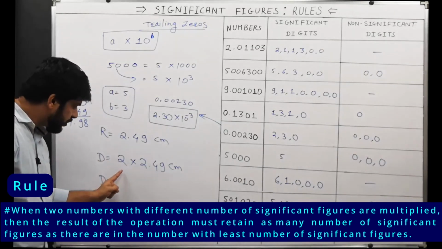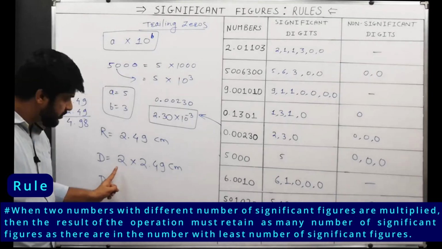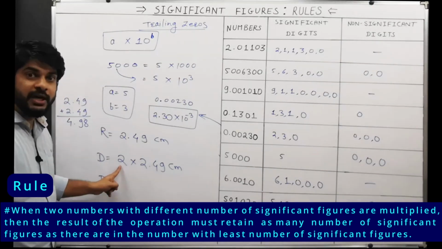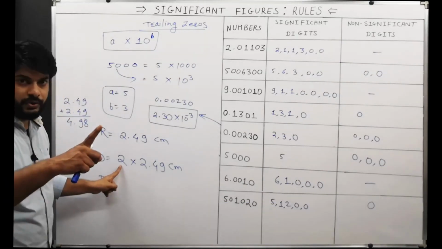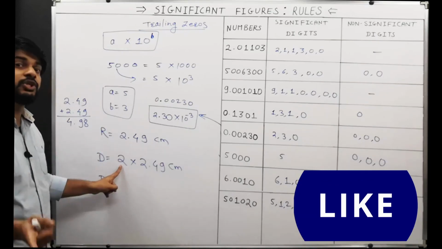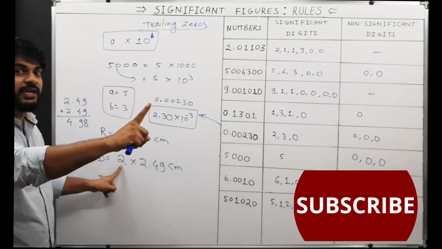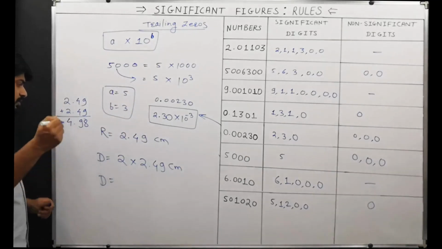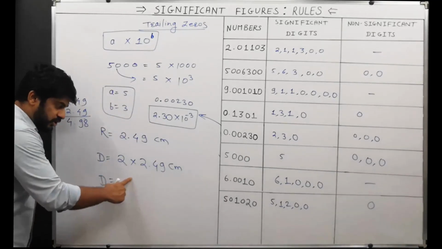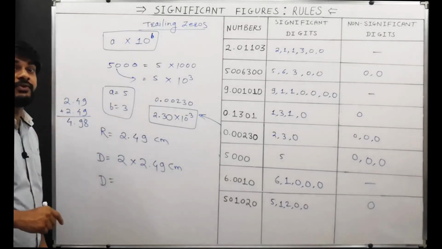So which is the number with the least number of significant figures? This one. How many are there? Only one. So your result must also possess only one significant figure. So the answer over here should have only one significant figure.